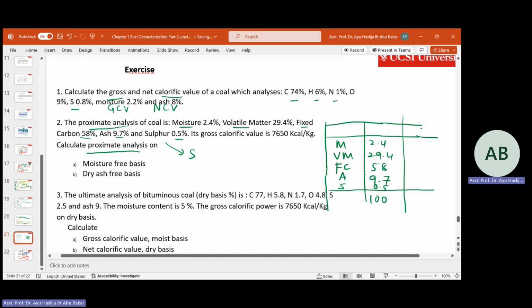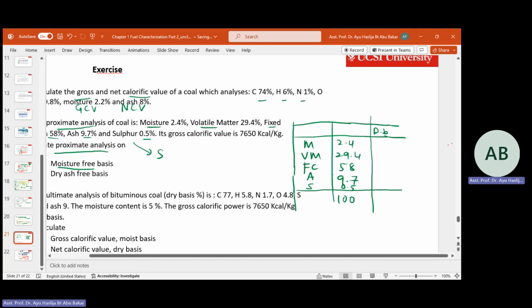Now the question asks you to calculate the moisture-free basis, meaning dry basis, db. Do you still remember how to calculate? You need to recalculate everything to dry basis, without moisture, moisture 0.